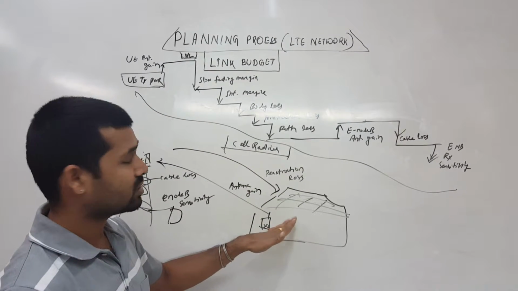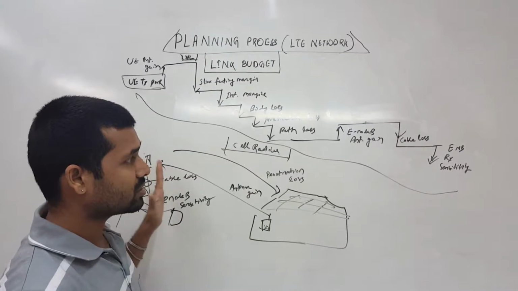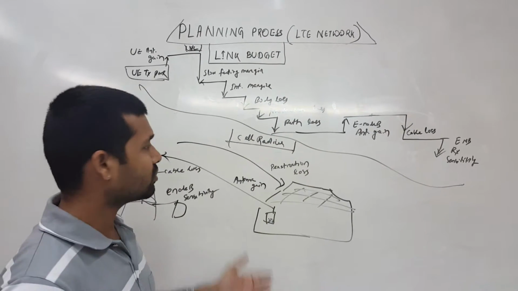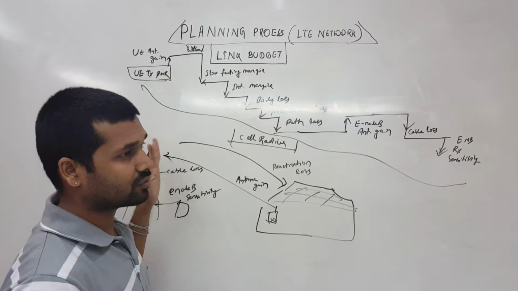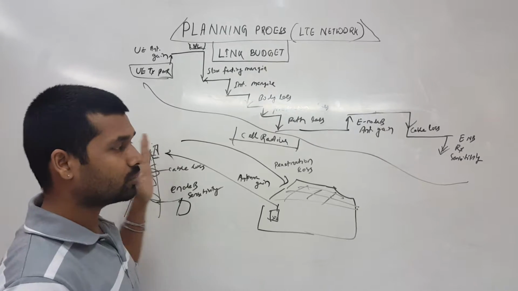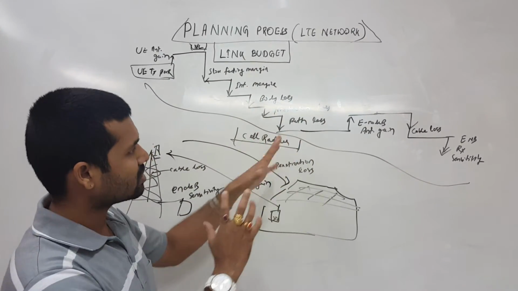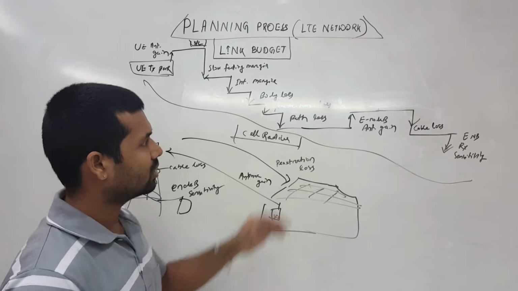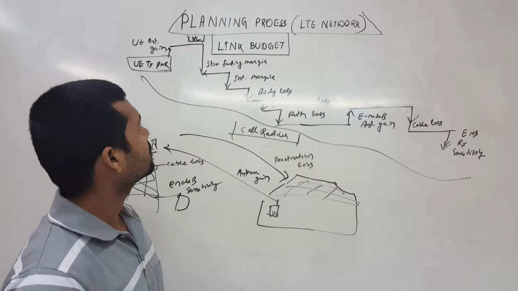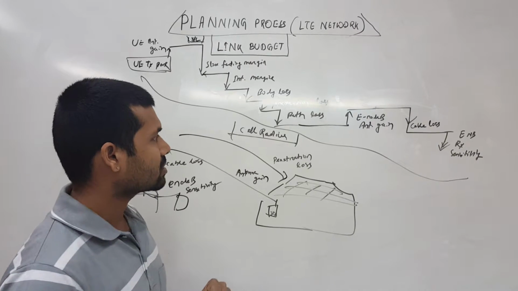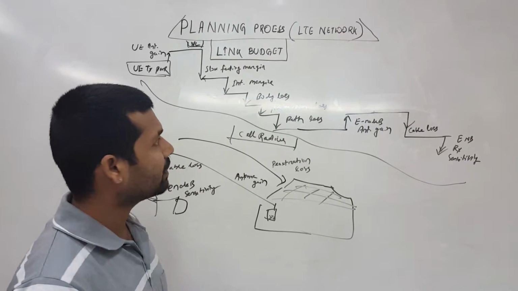That means we are transmitting from the UE, and the E node B is the receiver. In the second part, we'll see how it is transmitted from the E node B to the UE. So it's somewhat reverse, but with some more aspects added, like I said. So this is all about the uplink budget.